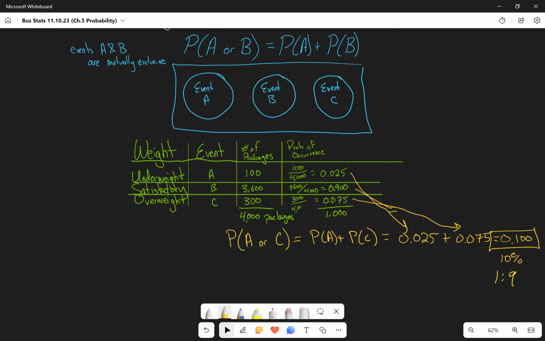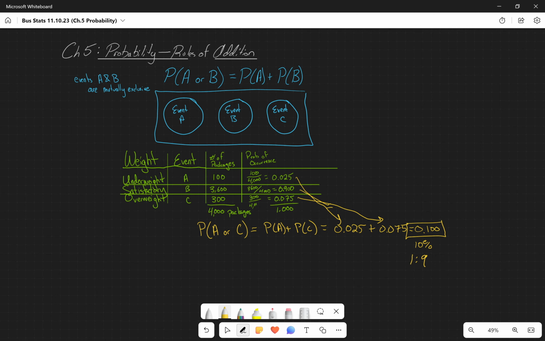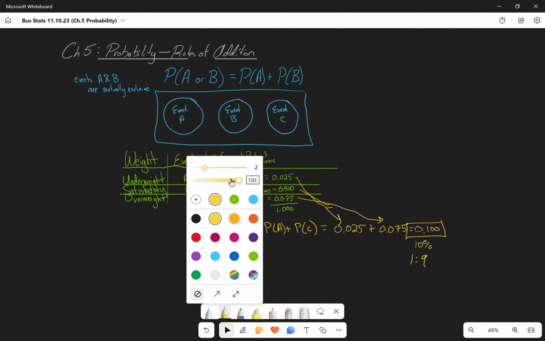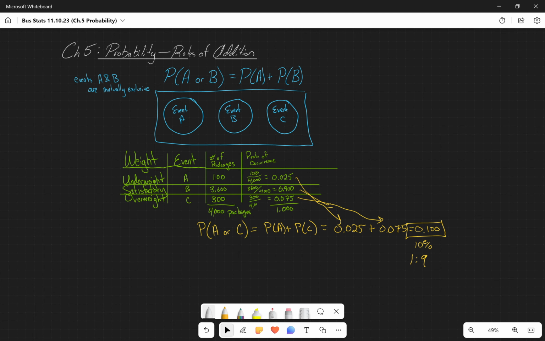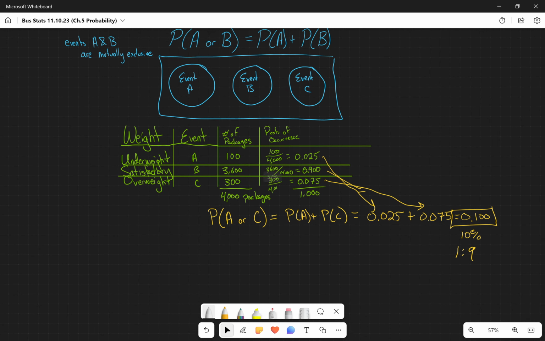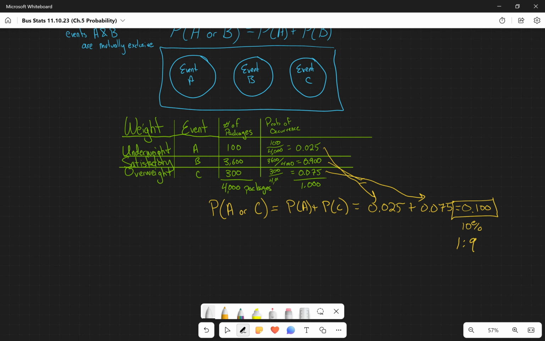So the next rule that we have when we're looking at probability is the complement rule. The complement rule, let's just go back to white for a second. So the complement rule is used to determine the probability of an event that happens by subtracting the probability of an event not happening.